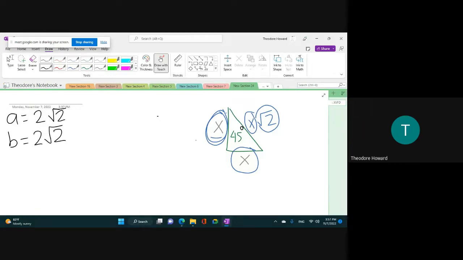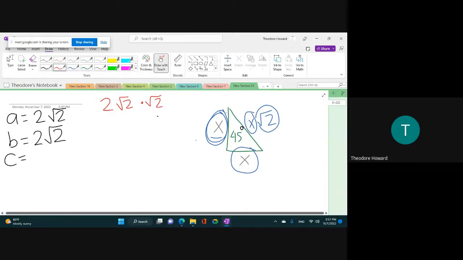So what's C going to be? I heard two different answers, so let's figure this out. 2 square root 2 times square root 2.